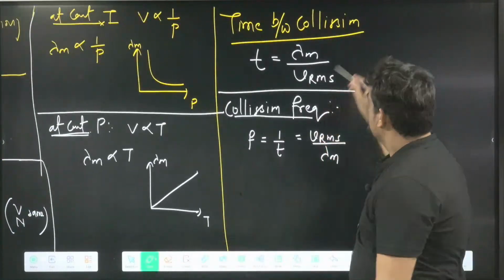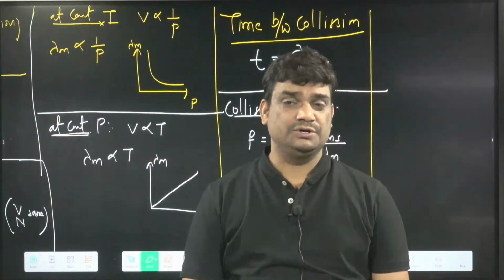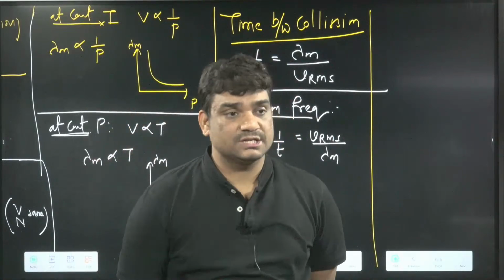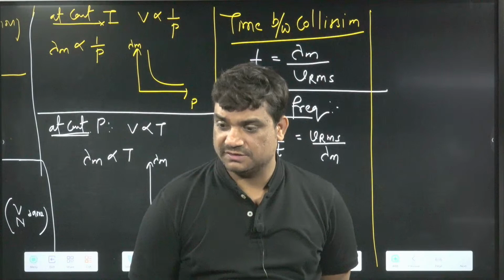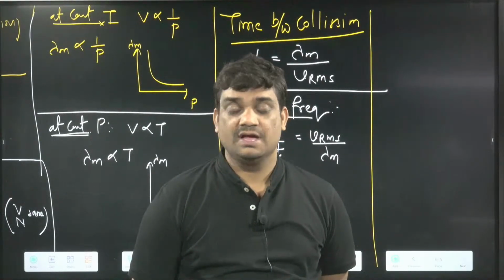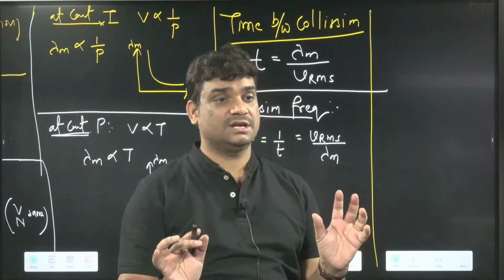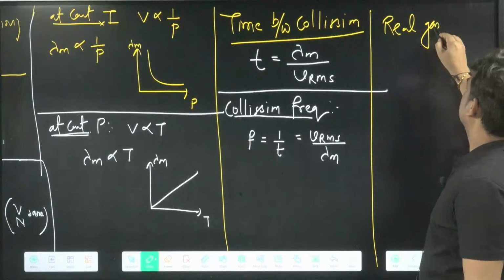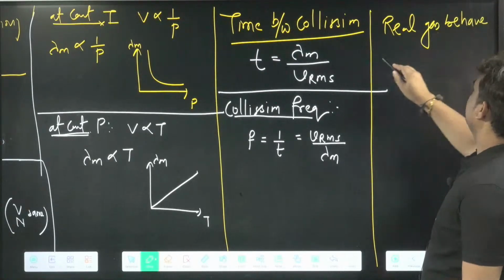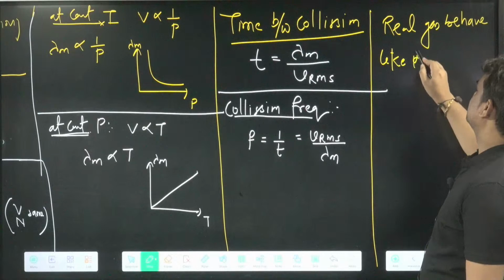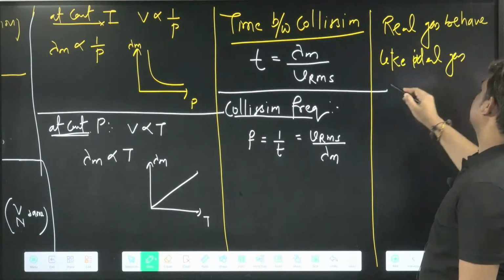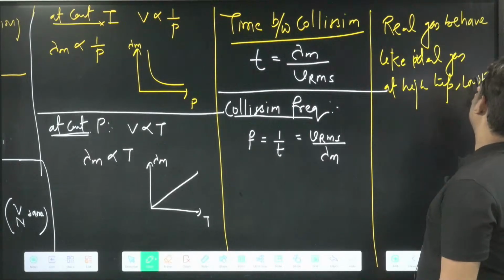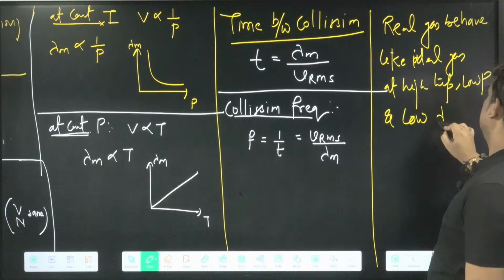I might have told you that real gases behave like ideal gas at high temperature. This is a statement. Real gas behaves like ideal gas at high temperature, low pressure and low density.